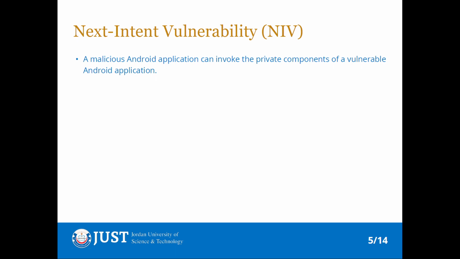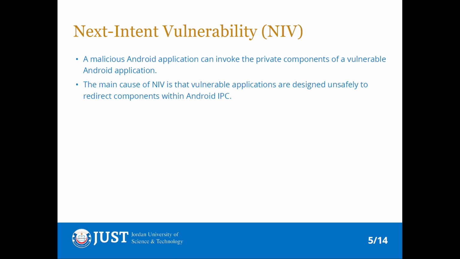So a malicious Android application can invoke the private component of a vulnerable Android application, which causes the next intent vulnerability problem. The main cause of NIV is that the vulnerable application is designed or developed in such a way that it is unsafe to redirect components within Android inter-process communication.